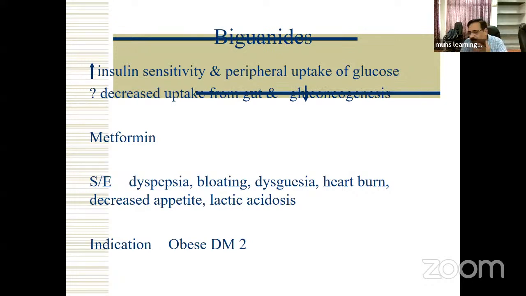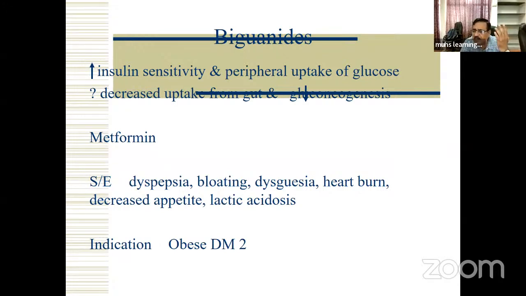Biguanides are very, very useful, available in all the centers, all the countries. They increase insulin sensitivity, increase peripheral uptake of glucose, decrease uptake from the gut, decrease gluconeogenesis, save the endothelium from calcification, and there are a host of benefits.